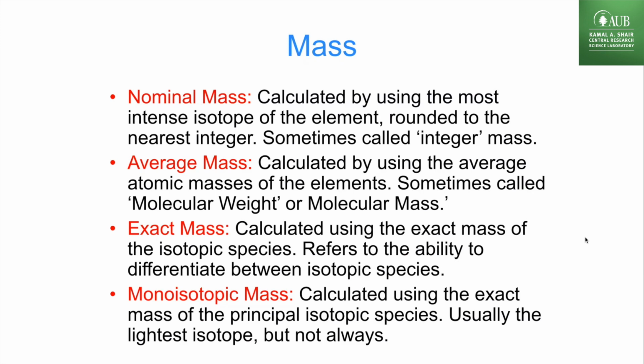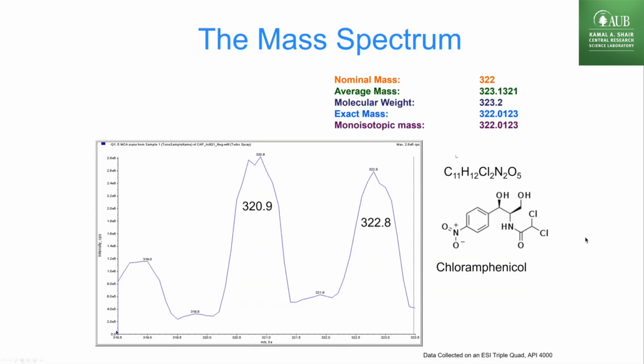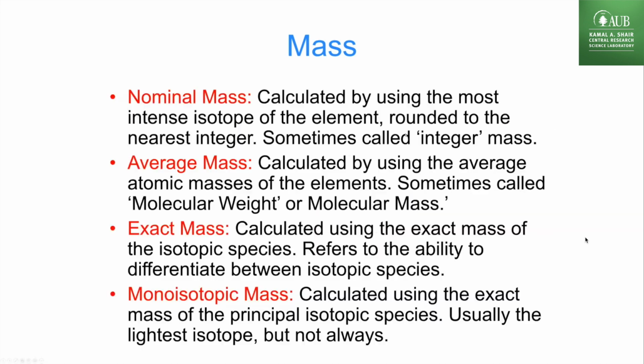If another isotope would be higher intensity, it could be that one, but usually it's the lightest isotope. So the monoisotopic mass here would be this one here, right, 321, and that's why it says 322 here. Don't forget, there's a loss of a hydrogen because we're working in negative mode, so that's why there's a 1 Dalton difference.